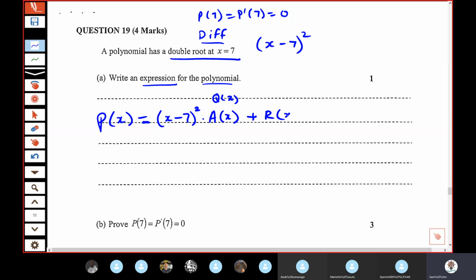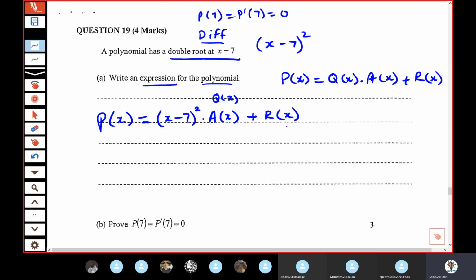R of x, that's the one. So what's the general form of your polynomial? It doesn't matter the letters so much, but it's a function in terms of x multiplied by another function in terms of x plus any remaining in terms of x. That's how it works. So polynomials: any 2 factors multiplied plus any remaining.